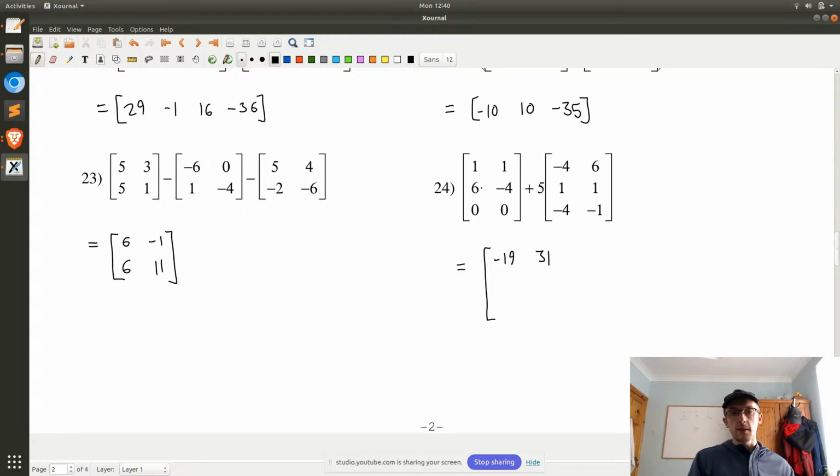Then 6 add 5 times 1, which is 11. Then -4 add 5 times 1, which is 1. And guess what's going to be on the bottom? Just 5 times -4 and 5 times -1, because we have a pair of zeros here. So that's all handled well.